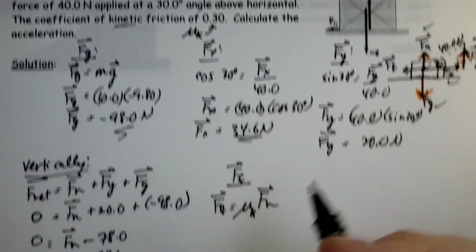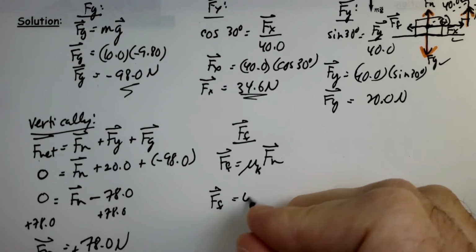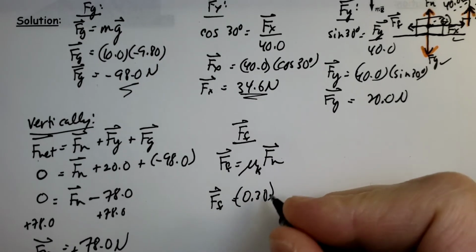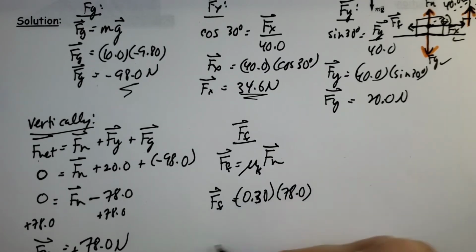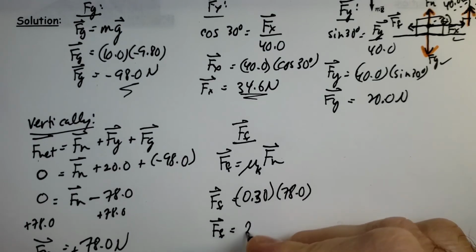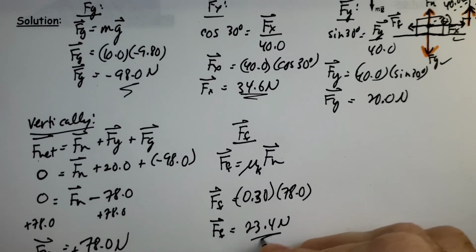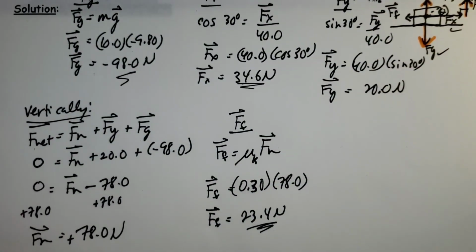Its value is 0.30 multiplied by 78. Don't worry about the signs just yet. My friction force is going to be 23.4 newtons. So that is the friction that's working against me pulling it.